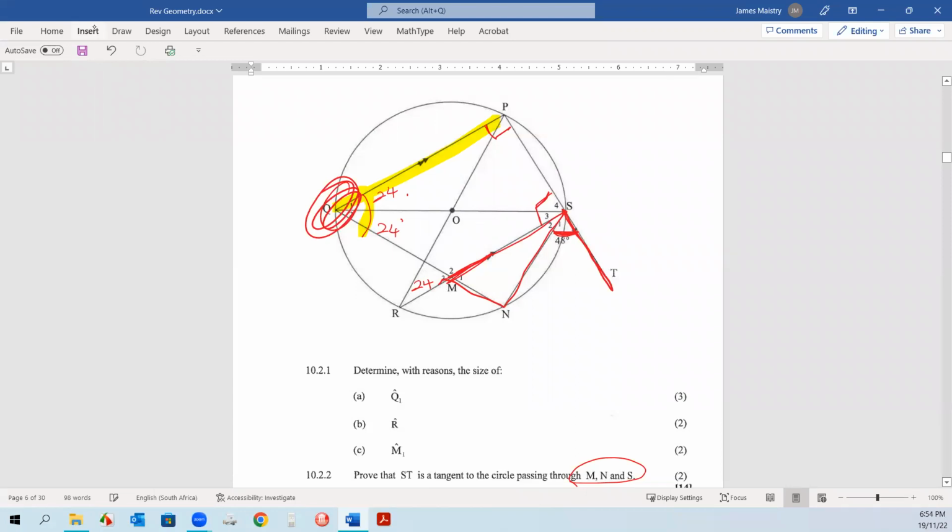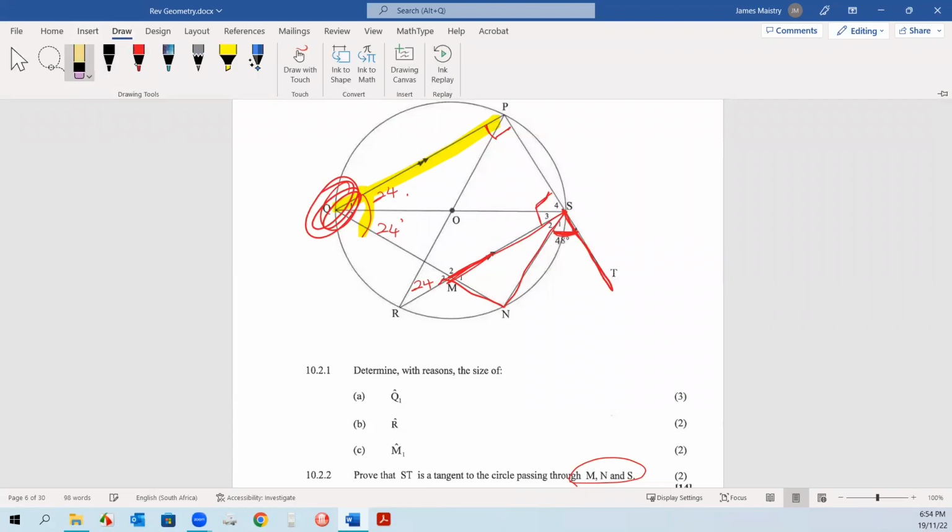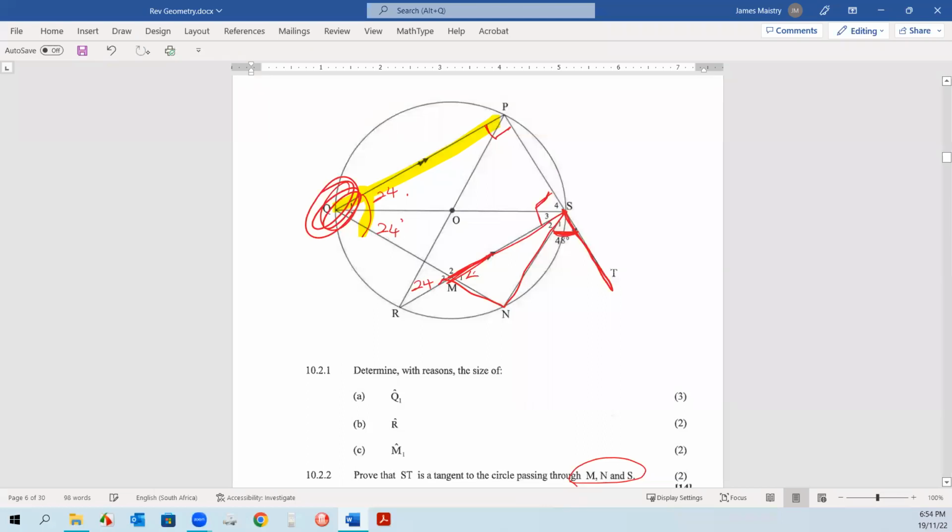You're getting it? So can you see the tan chord here? Yes. Now, the way to think about a question like this is if ST was a tangent, that's how you got to think this one. We're trying to prove it's a tangent. It's not yet proven, but if it was a tangent, then the tan chord theorem should hold true.